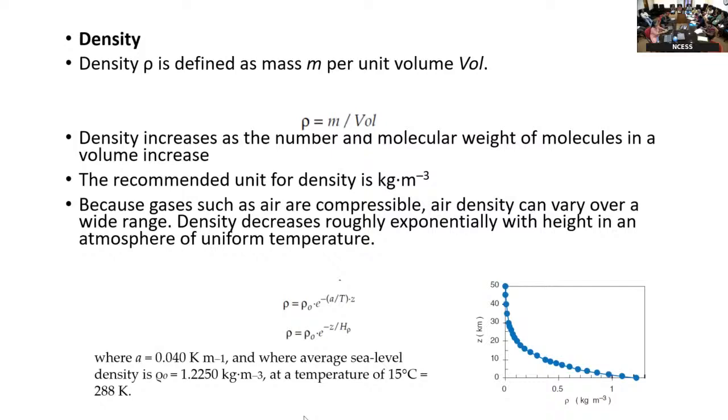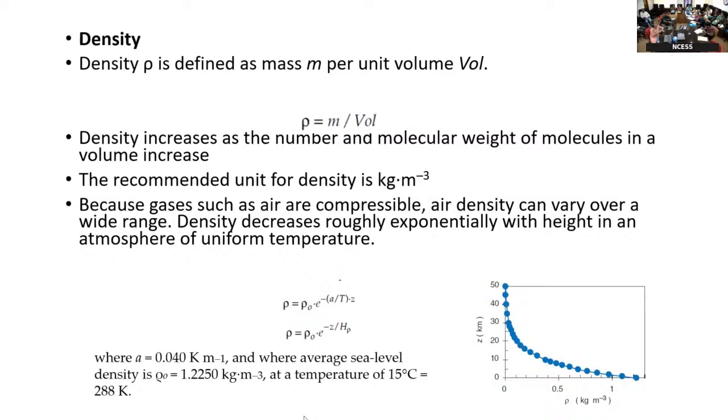So we spoke about pressure and temperature, and another variable is density. We know density is mass per volume, and the unit is kilogram per meter cube. Previously we spoke about pressure; similarly, the equation for the variation of density with height is written in terms of temperature as well as scale height.